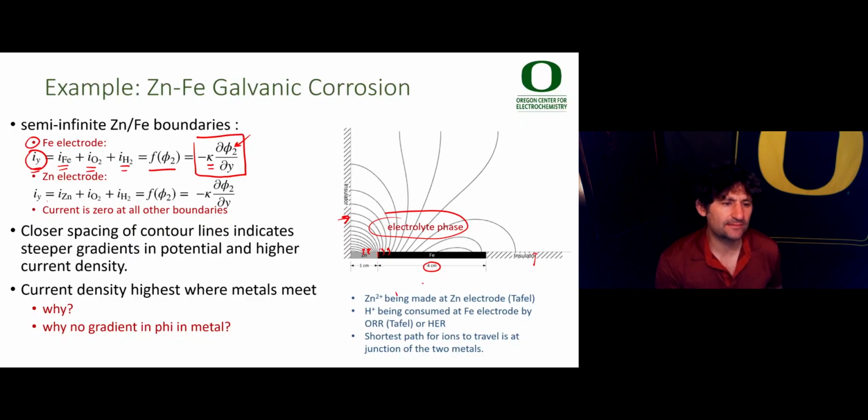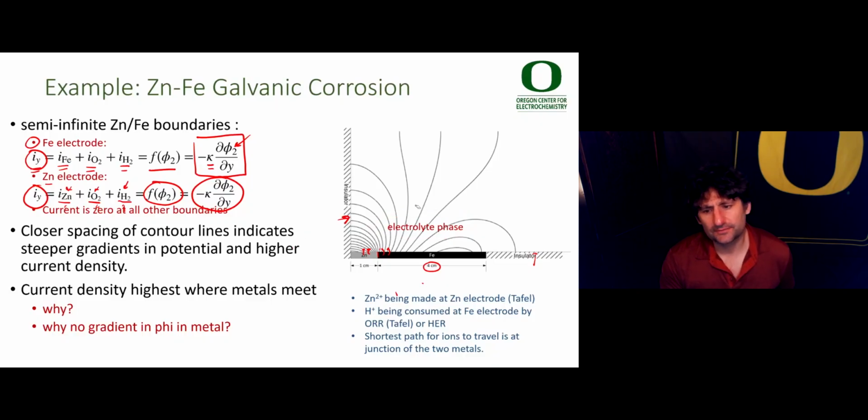We can write the same thing for zinc with the same terms. Zinc can corrode, it can reduce oxygen, it can make hydrogen, and all these processes occur as a function of the electrolyte potential and the overpotential driving each one of these individual processes. And again, the current here has to balance with the current in the electrolyte. The current is zero at all other boundaries in this model.